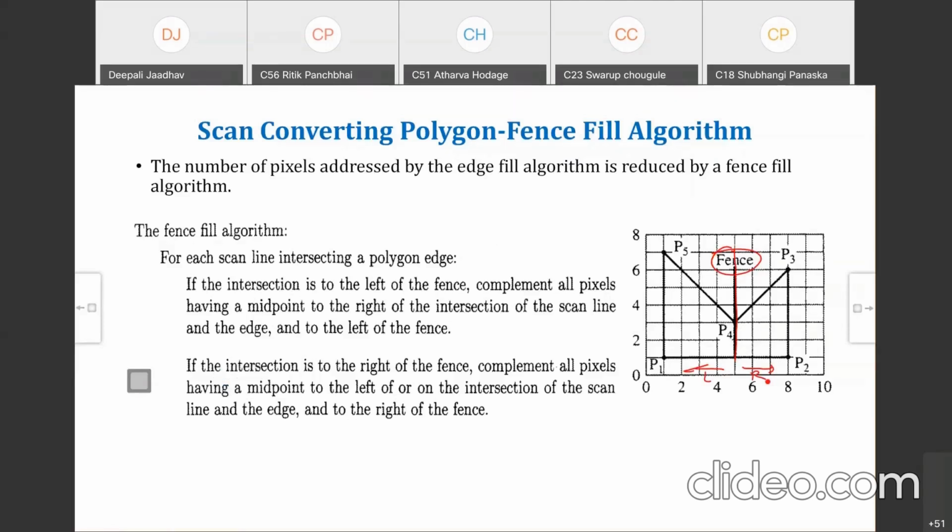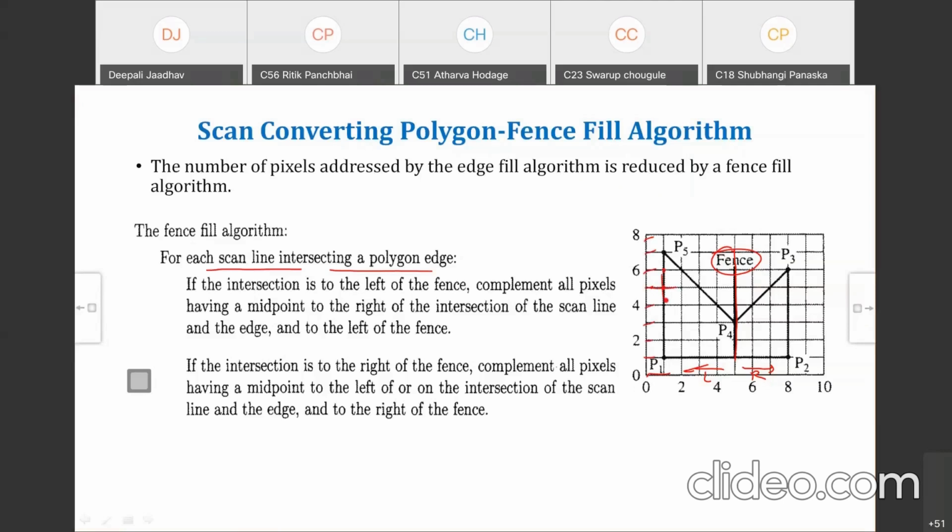What is the algorithm? Again, the algorithm is simple, only a two-line algorithm. For each scan line intersecting the polygon edge, for each scan line 0, 1, 2, 3, 4, 5, 6, 7, 8, it is intersecting here.